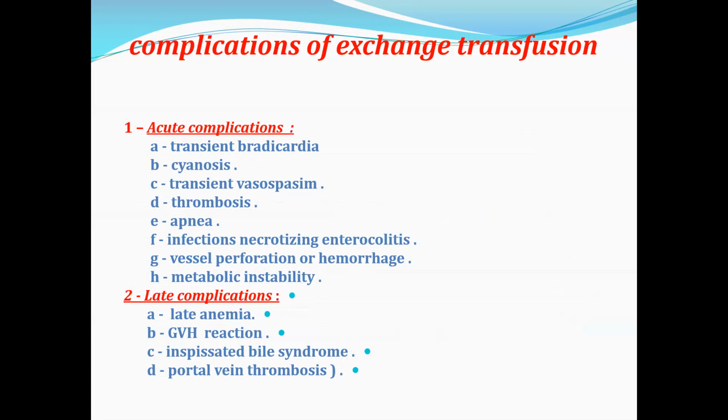But we can classify them as acute, like transient bradycardia, cyanosis, transient vasospasm, especially if you wrongly introduce the catheter into the umbilical artery, thrombosis, apnea, necrotizing enterocolitis, perforation of the vessel, and metabolic instability, hypoglycemia or hypocalcemia.